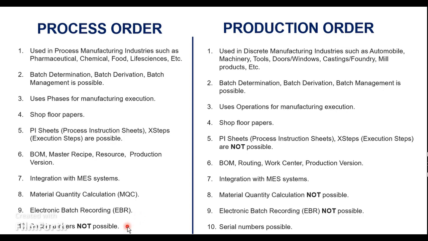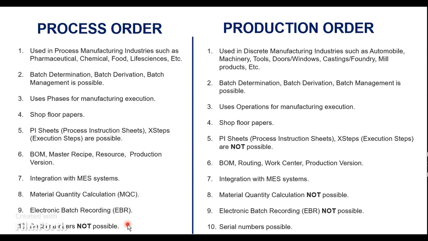And then coming to the serial numbers. The serial numbers in the process order are not possible, whereas in the discrete manufacturing, this is possible. But in case you would like to have the functionality of a serial number in a process order, let's say you are manufacturing a vial. Okay, so you are creating one process order for the total quantity of 10 vials, and it would hold a batch number A. So we are manufacturing 10 pieces in a single batch, and each vial should have its own serial number, right?